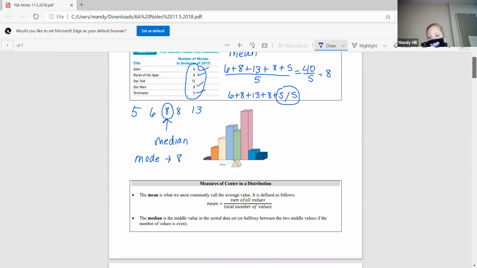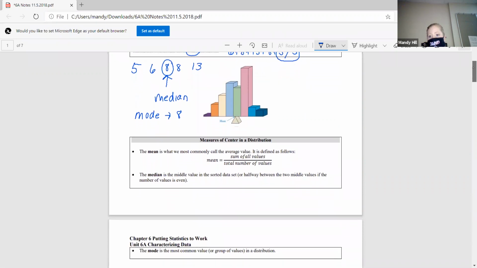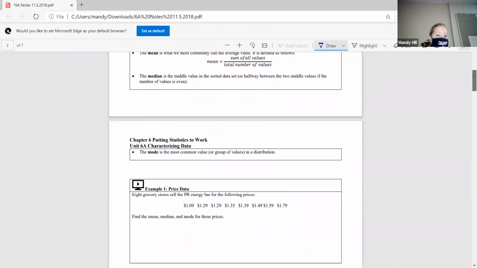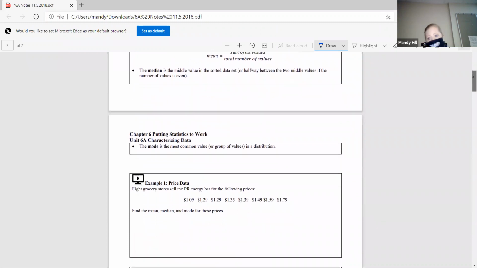In the next class, I'm going to show you how you can type this list in the graphing calculator, and it'll spit these numbers out for you.